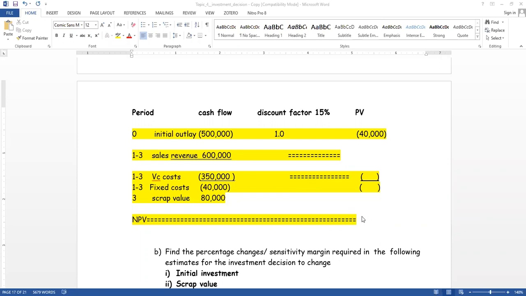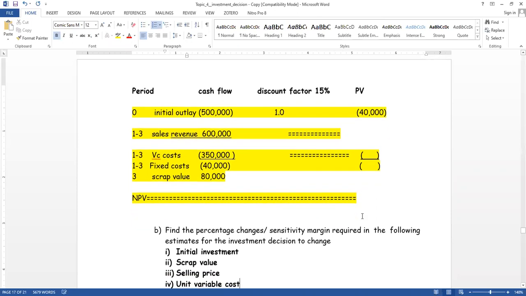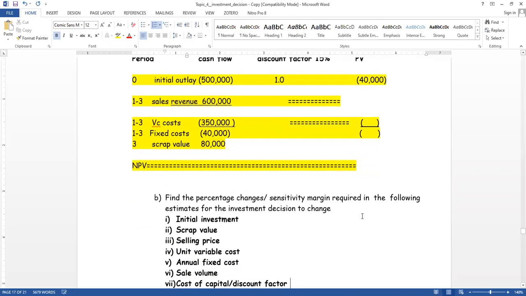And then part B, you'll be looking at the sensitivity of each of these variables given here. The sensitivity margin for each of the variables for the investment decision to change.